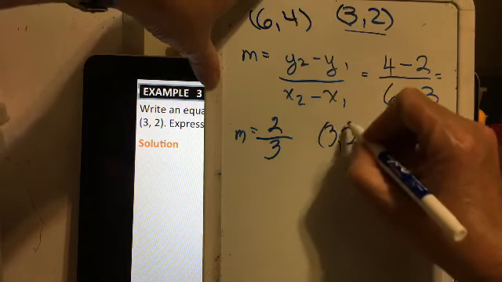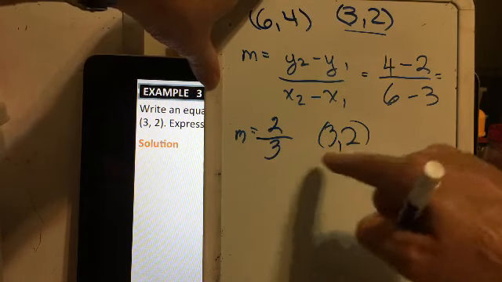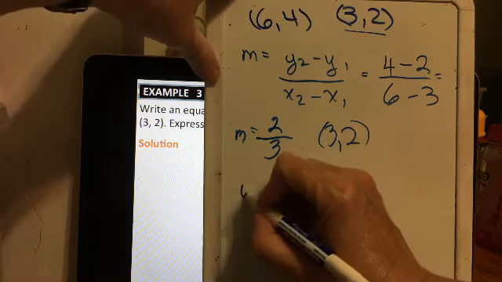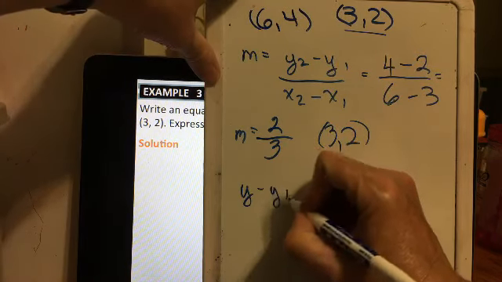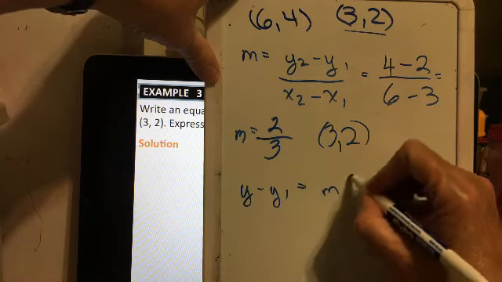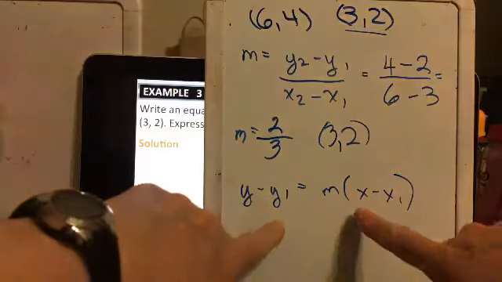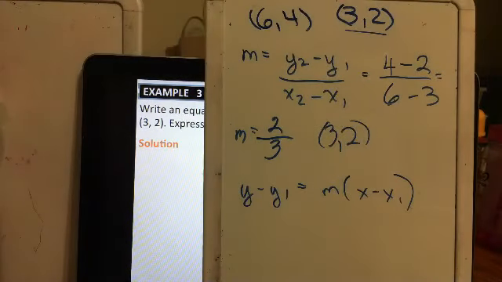We have a slope and a point, so we're going to use the point-slope form of the line. y minus y1 is m times x minus x1. Okay, this is one of the formulas that you want to be written on your little special study sheet.